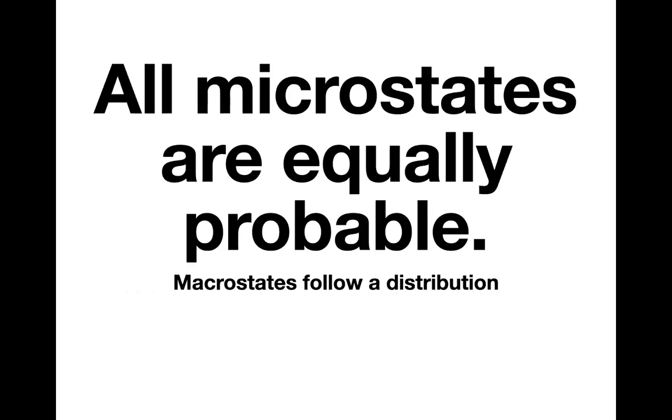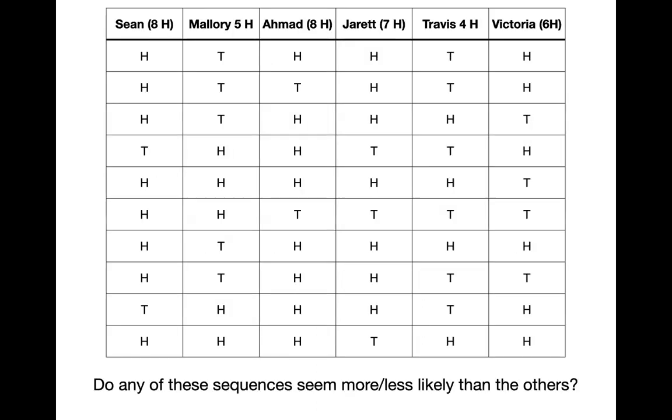fundamental truth of statistical physics, all microstates are equally probable, right? So any sequence of coin flips would be equally probable. So if we go back to our example, heads, tails, heads, tails, heads is just as probable as tails, heads, tails, heads, right?